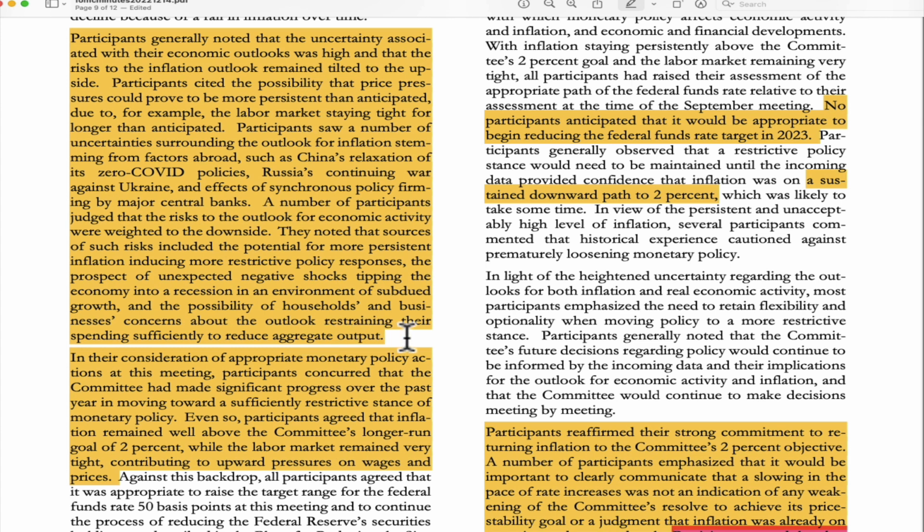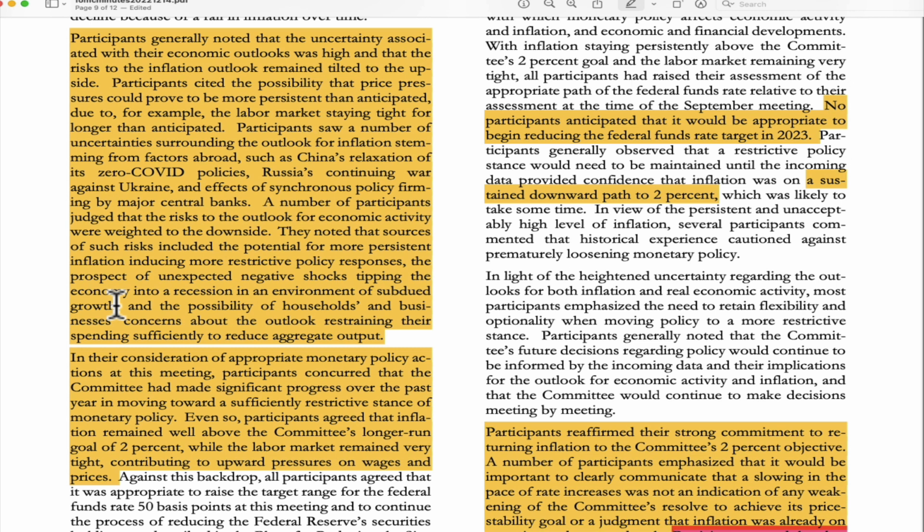So let's just review those two sentences because we have talked about that. This one over here, the prospect of unexpected negative shocks tipping the economy into a recession in an environment of subdued growth. Remember the explanation for why the inversion of the 3-month to the 10-year typically has such a good record predicting recessions is because it typically happens in low growth environments.